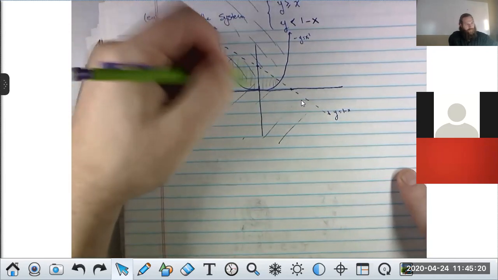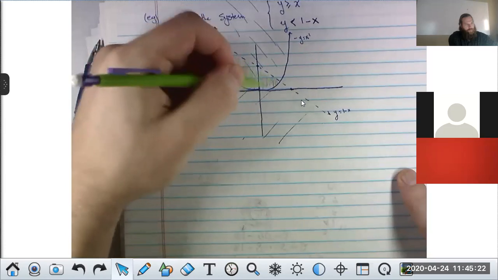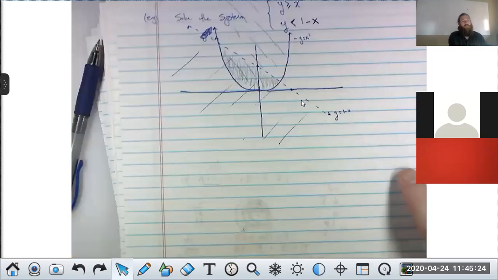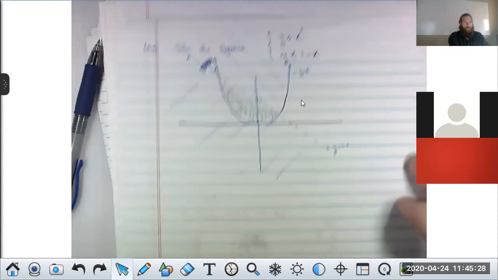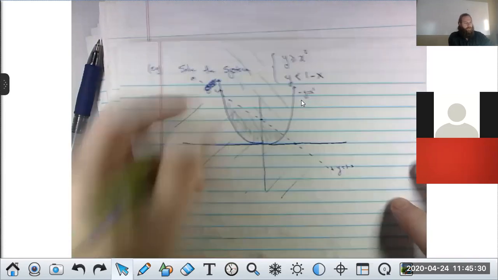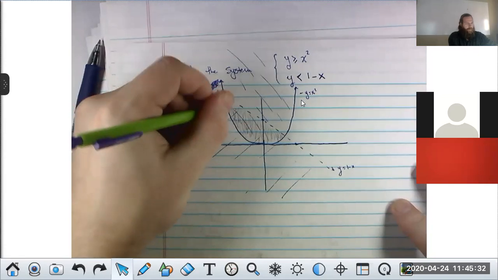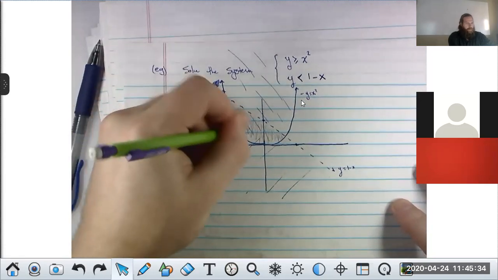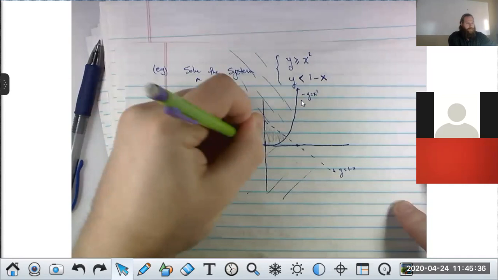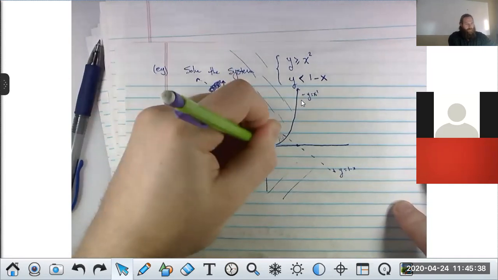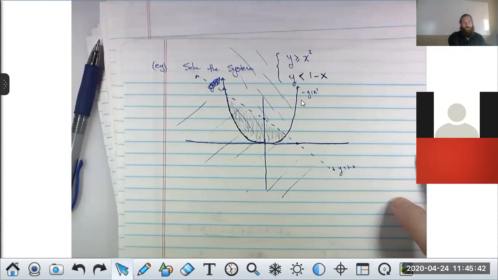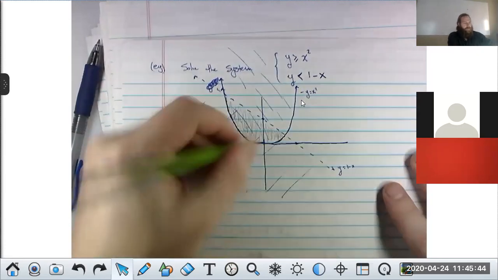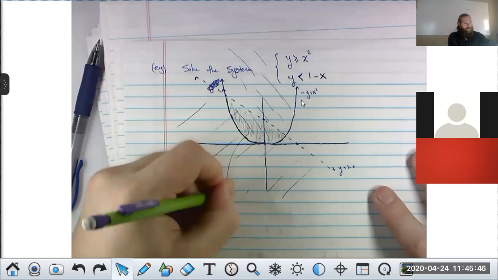This is the stuff that is in both regions. The points on the dotted line are not a part of the solution set. The points on the parabola in here are a part of the solution set because they are both below the line and on or above the parabola. So the region that I've just traced over with pencil is your solution set.